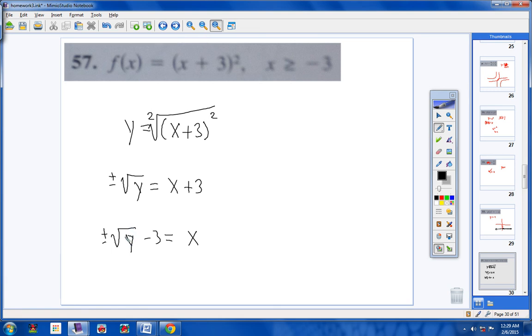For example, let's say I put 9 in for y. The square root of 9 is 3. 3 minus 3 is 0. The square root of 9 is 3, and there's a negative sign: -3, -3, -3 is -6. So if I put 9 in for y, then I get out 2 outputs. So no, this function here does not have an inverse.